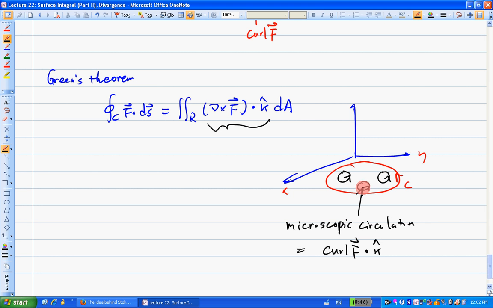So in this particular case, because you use your right hand rule, the direction must be pointing up, right? That's why you use curl dot k hat. So you're looking for the microscopic circulation in the k hat direction. So that's why I use curl F dot k hat. Okay, that's the microscopic circulation at different locations here.